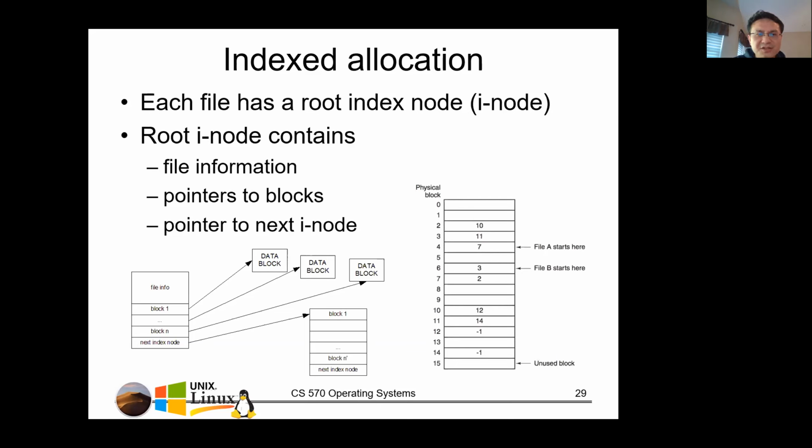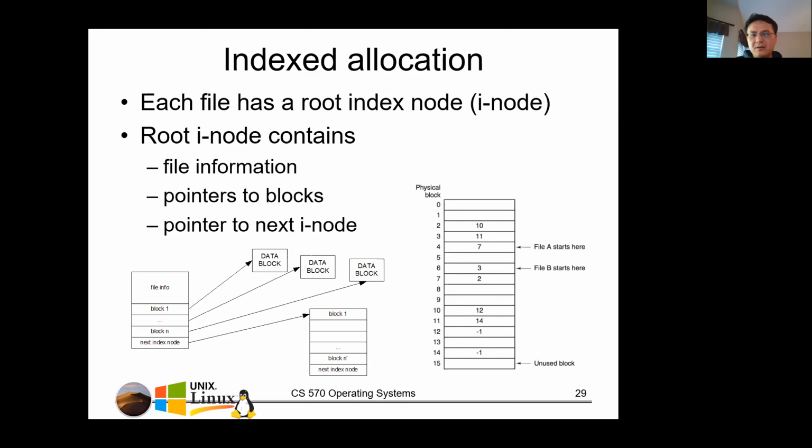Essentially each file has a root index node. It's called inode. This inode, index node, is actually a file descriptor data structure that contains file metadata. You know what is file metadata? It's the description of the file, which includes general file information, file attributes.